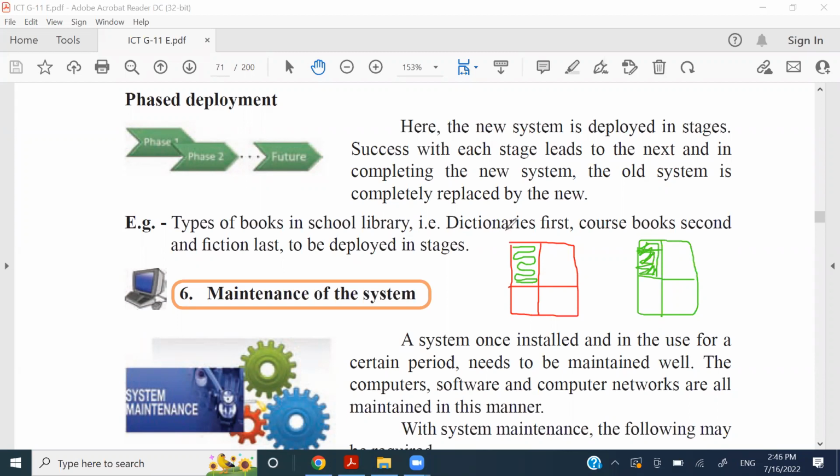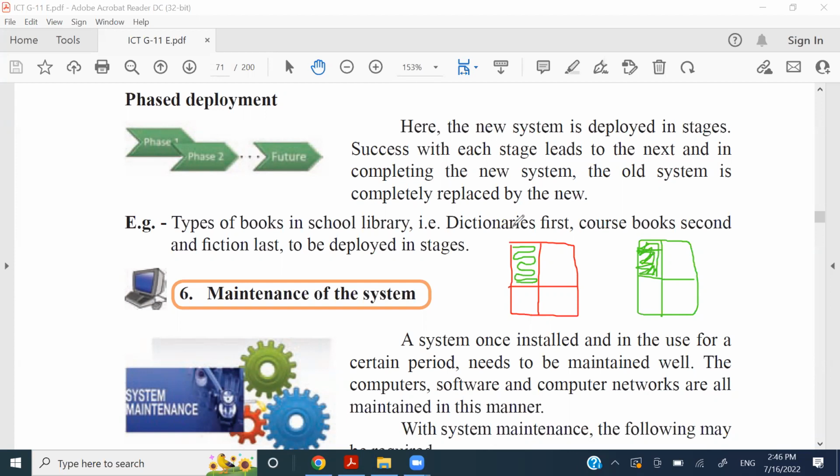As an example, if you think about a student information system again, let's say it has 3 major components: admitting a student, admission of a new teacher, and maintaining the school resources. Those are the 3 parts, and they exist in the old system.